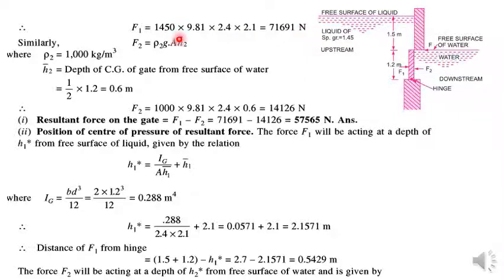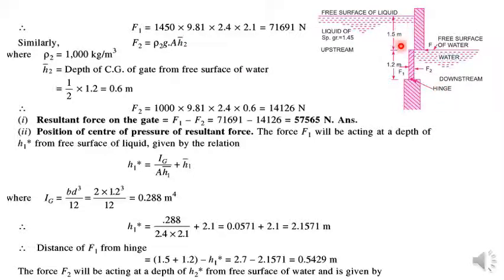Now similarly on the downstream side, the pressure forces, here you can see F1 we have calculated. Now F2 we need to calculate. So F2 will be equal to rho 2 g A h2 bar. So rho 2 is simply 1000 because it is water, g is 9.8, area will be the same because the gate is the same, and h2 will now be from the downstream side.